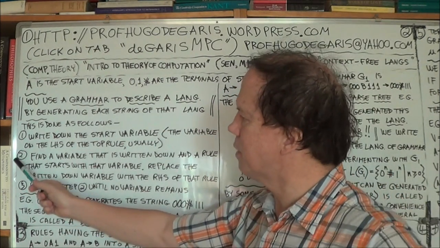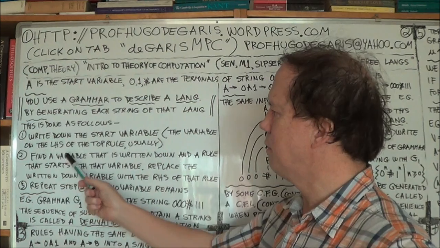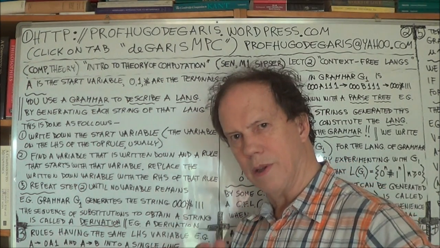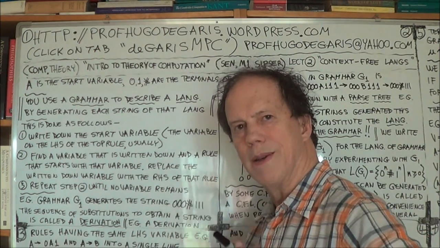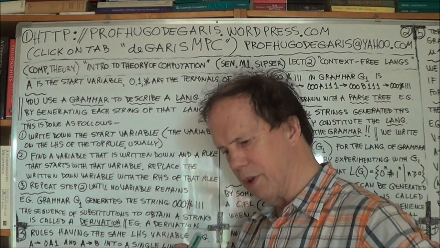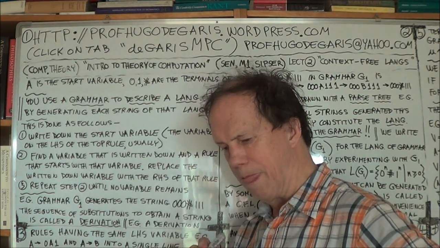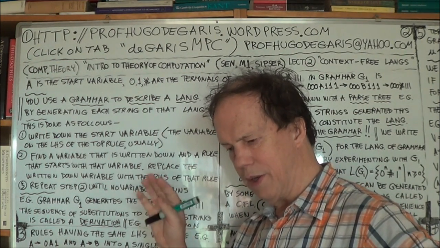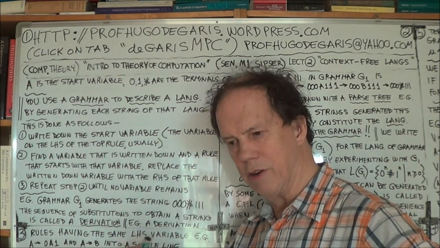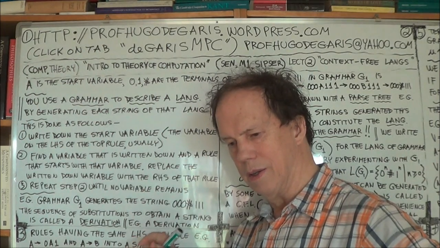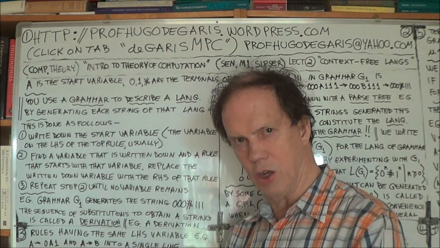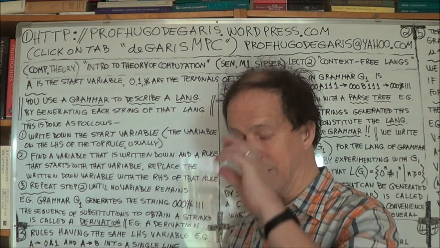So how do you use this second step? Well, you find a variable in what you've written down, and that'll become clear in a minute. We'll do examples, so you know what's happening. You look for a variable in what you've written down, and then you find a substitution rule whose left-hand side is equal to the variable that you've chosen to expand.